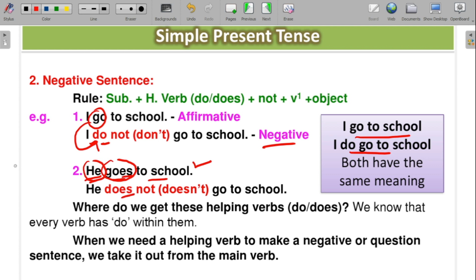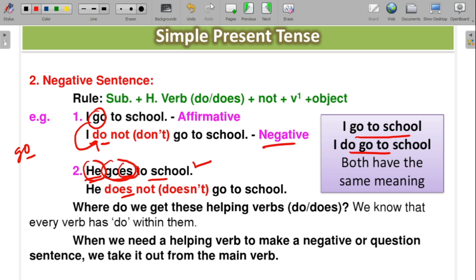But now you tell me, why ES here? Why not S with go? See, when we look at go, the word ends with O. O is what? Can you tell me? It is a vowel. How many vowels are there?